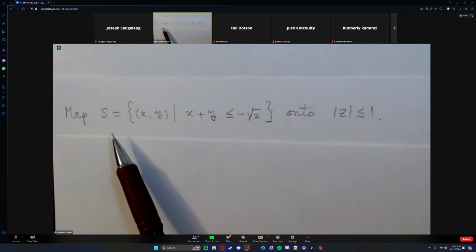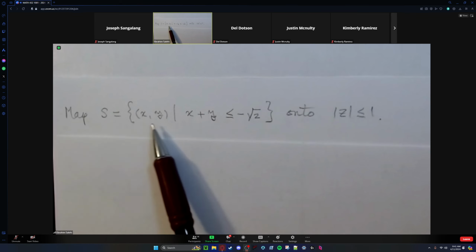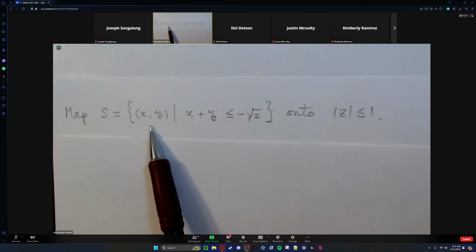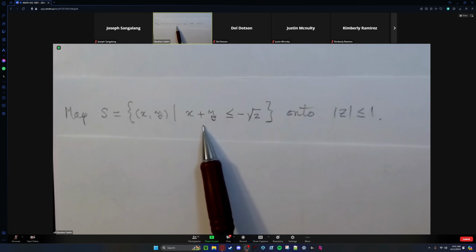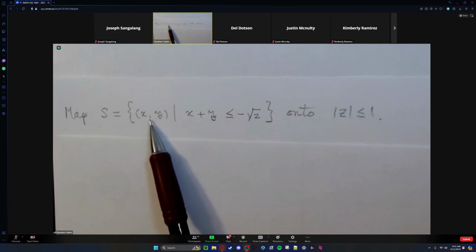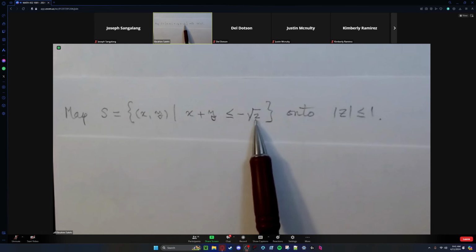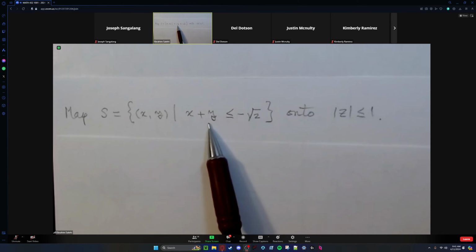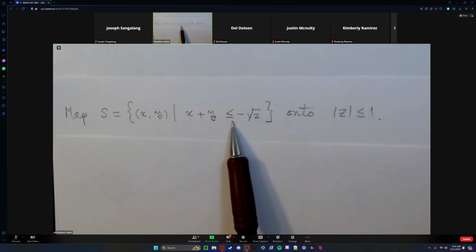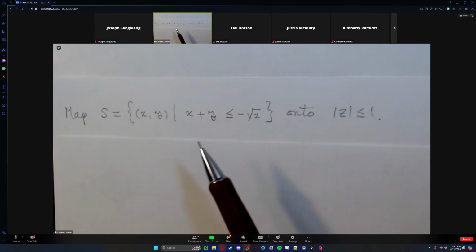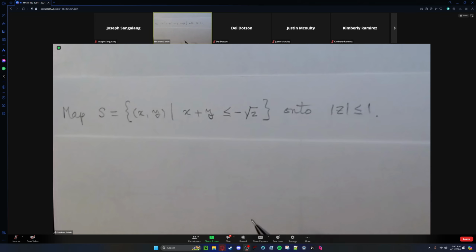I want to, this is a region of the XY plane. It's given as the set of all ordered pairs x and y that satisfy this equation. How do we find S? Well, that's part of college algebra, isn't it?